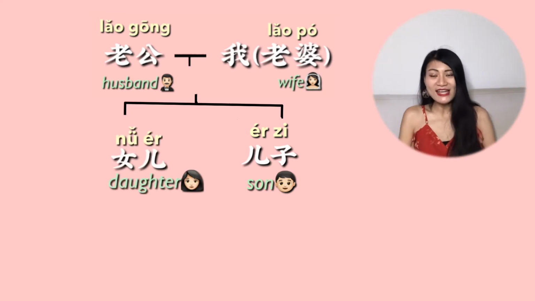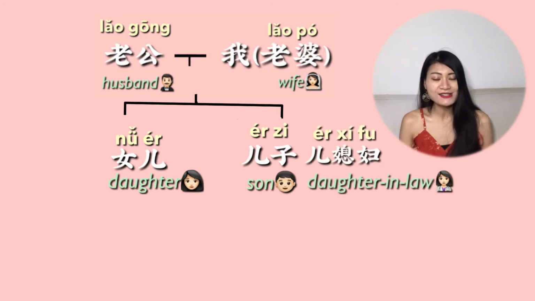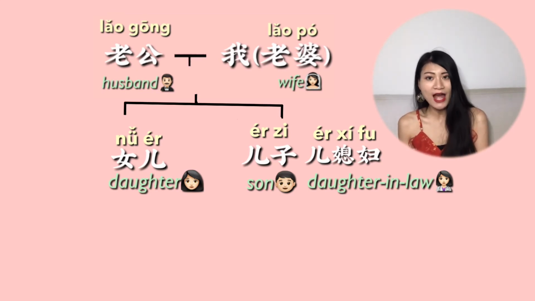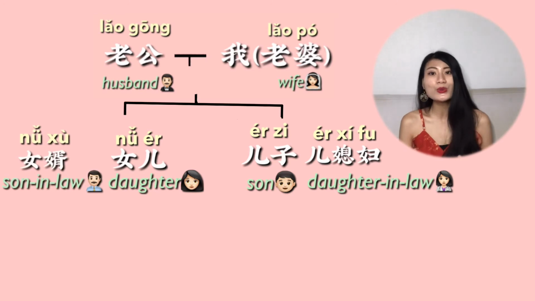What if one day I get old and my son gets married, I will call his wife 儿媳妇, my daughter-in-law. And when my daughter gets married, I will call her husband 女婿.